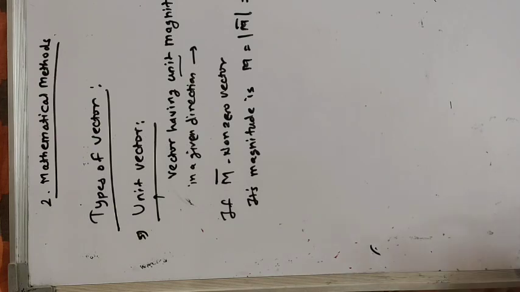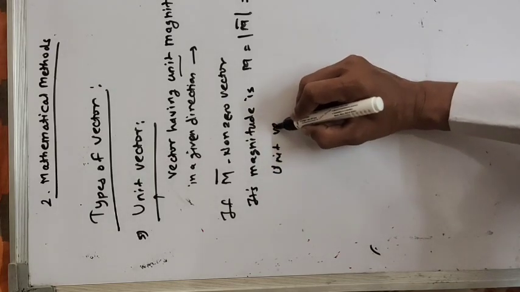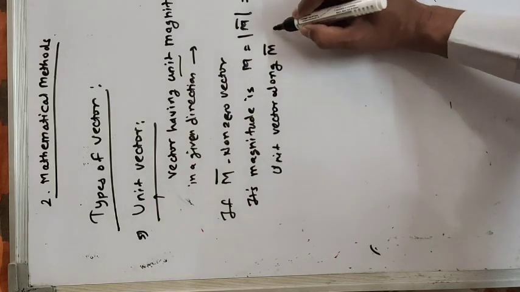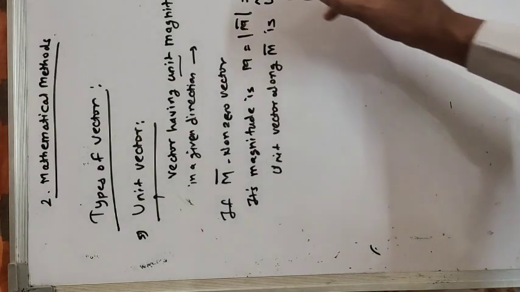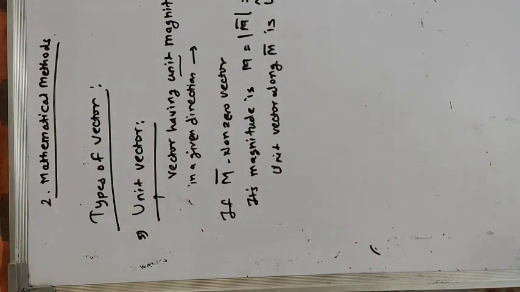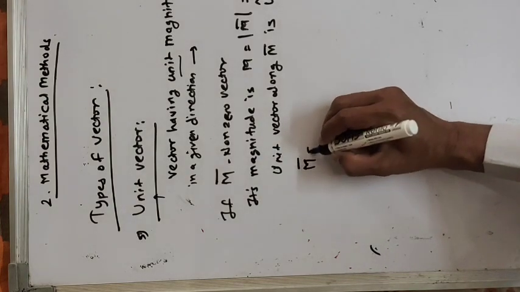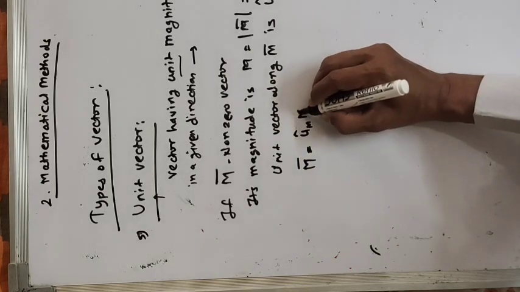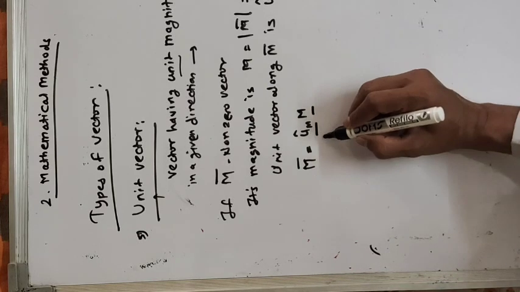Now, the unit vector along m bar is m cap, and it is given by m bar equal to m cap into m. This gives you the direction and this is the magnitude.